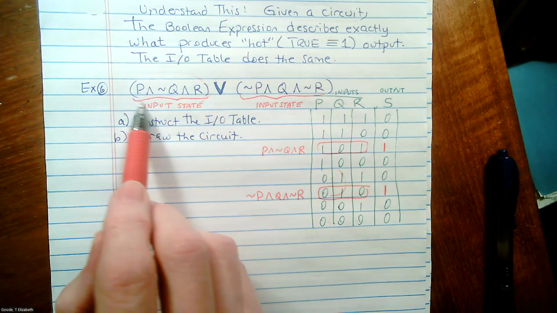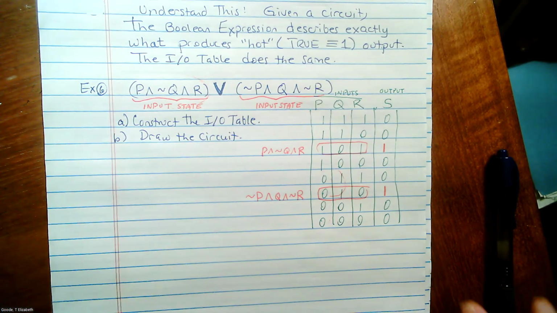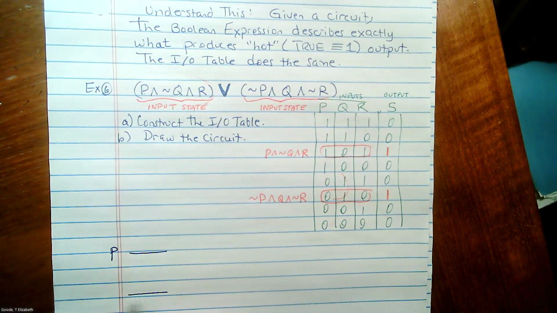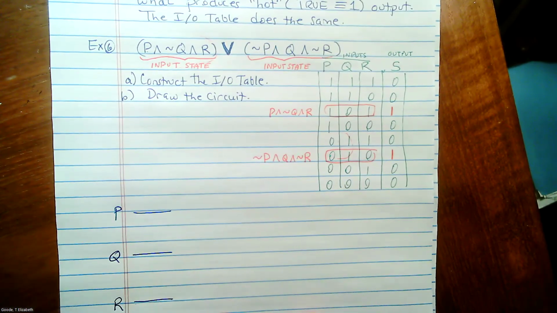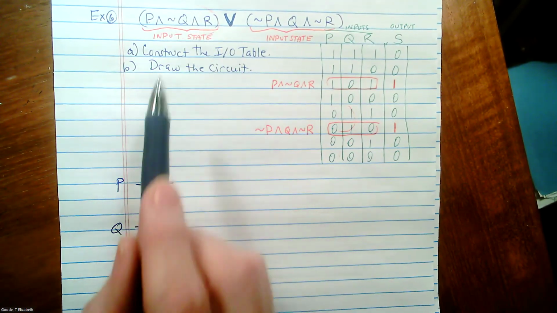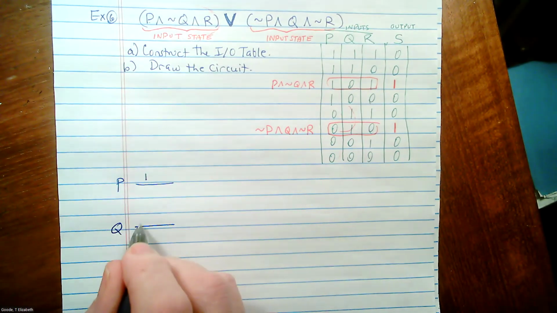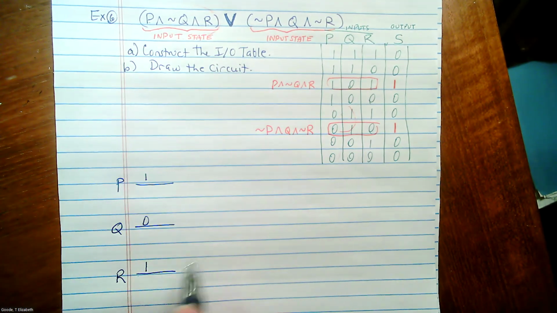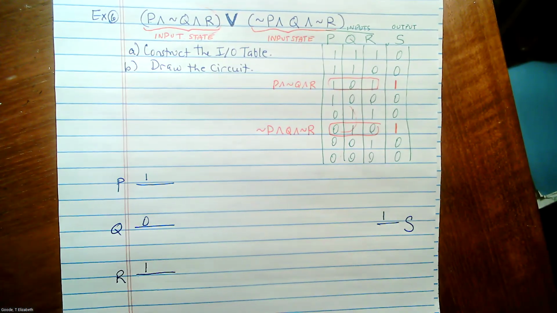This is a description of one of the ways we could feed 3 wires, a P wire, a Q wire, and an R wire into a circuit. This input state says, hey, if P has a 1 on it, and Q has a 0 on it, and R has a 1 on it, we want the output S to have a 1 on it.